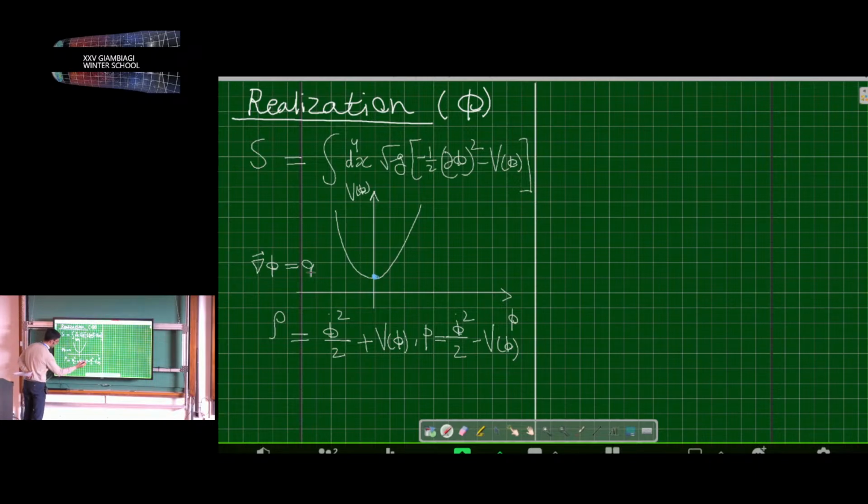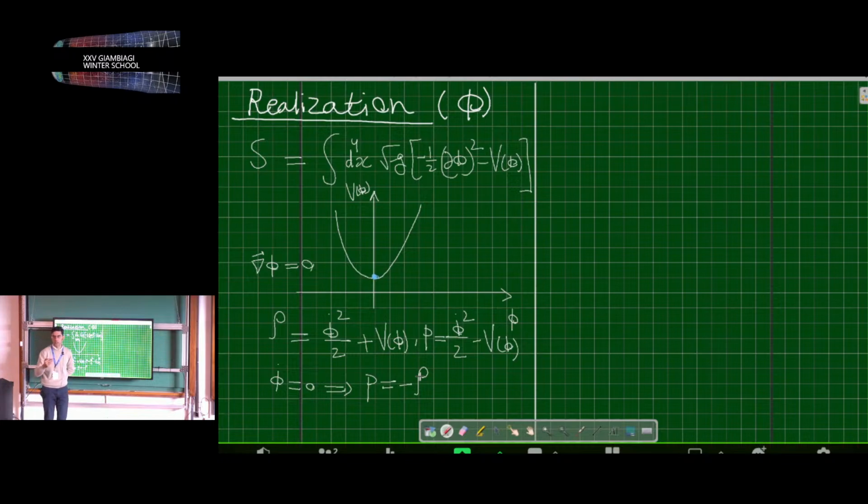Here, you can easily see that if phi dot is equal to 0, then P is exactly equal to minus rho. So w equals minus 1. Of course, this is not surprising. This scenario corresponds to a scalar field sitting at the bottom of its potential, and the minimum of the potential can always be shifted by adding a constant.